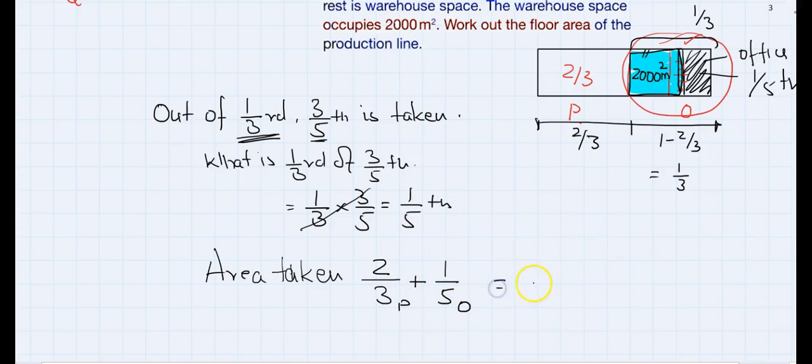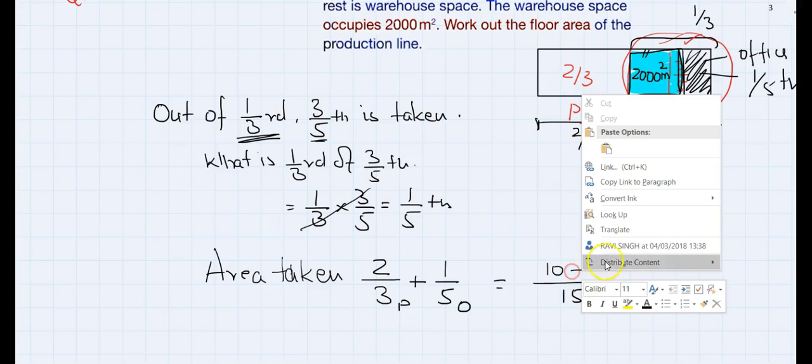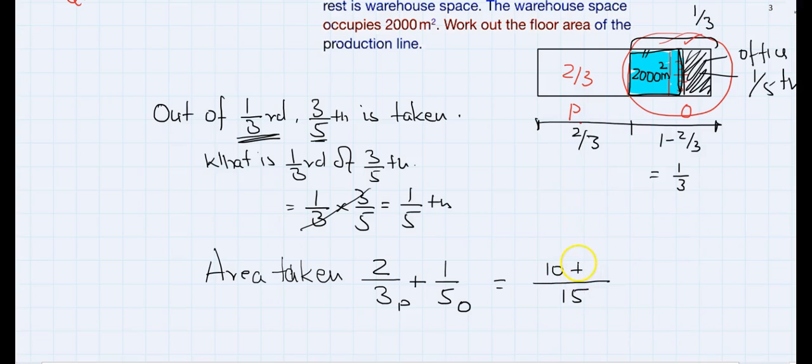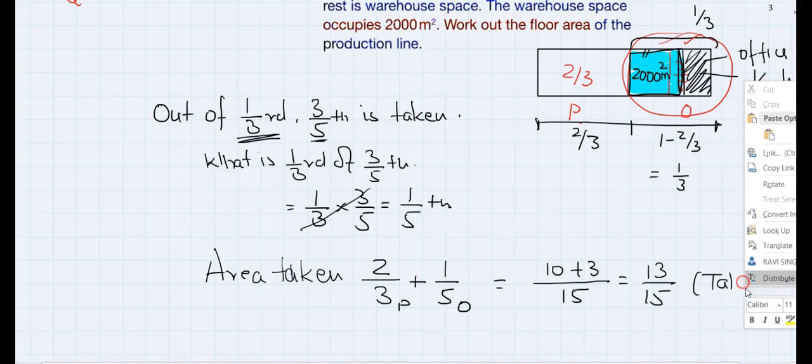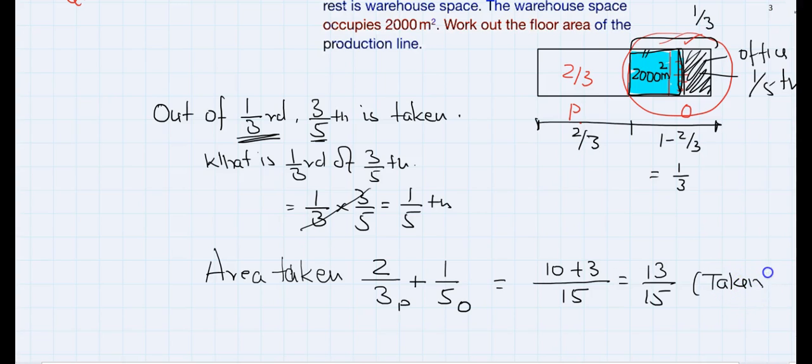So if we add it, this is 10 plus 3, so 13/15 of the area is taken for production and for the office.